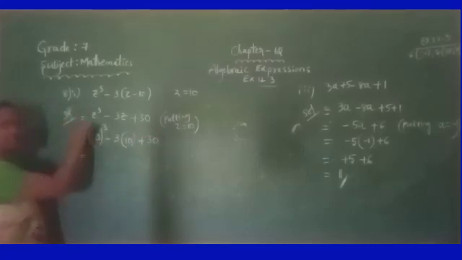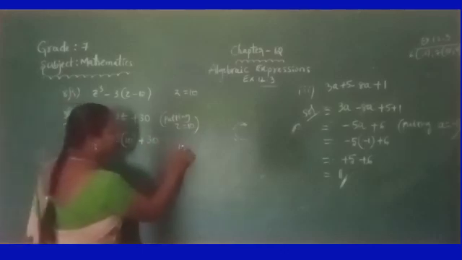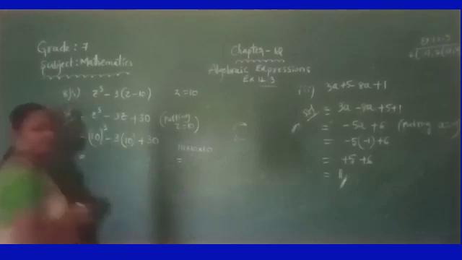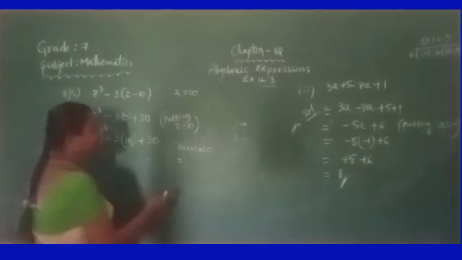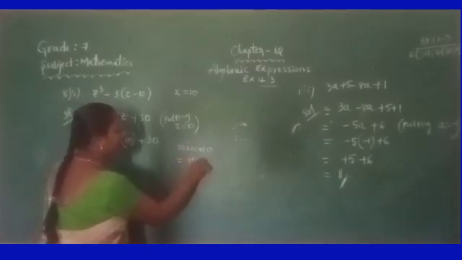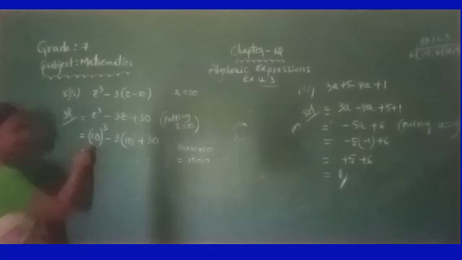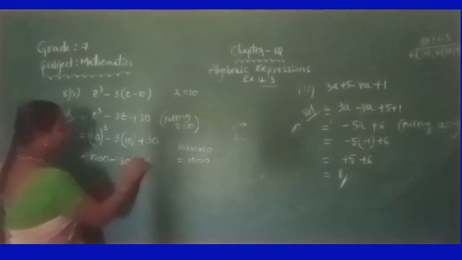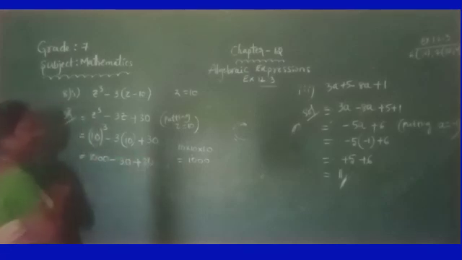10 cube, 10 to the power of 3. So 10 cube means 10 is multiplied 3 times. 10 tens are 100, 100 tens are 1000. What is the value of 10 cube? 1000 minus 3 into 10, 3 tens are 30, plus 30.